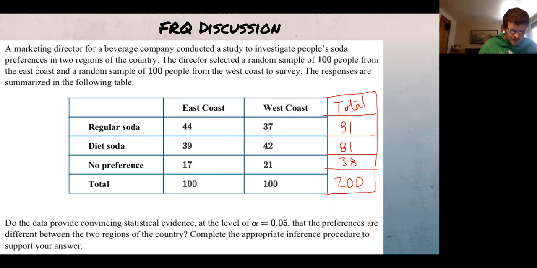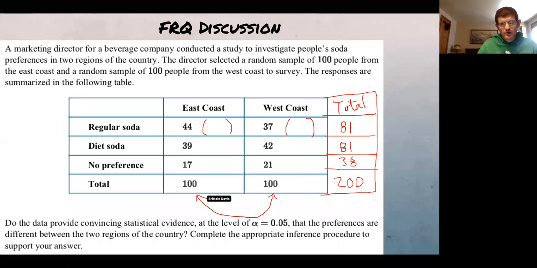So at this point, all we need to do is set up our matrix in our calculator for the observed counts, and then we can do our expected counts. And I'm not going to go through all these. Actually, I might go through all of them because it's pretty straightforward. Notice one thing really convenient about this is that we have the same sample. We have the same amount for East and West Coast.